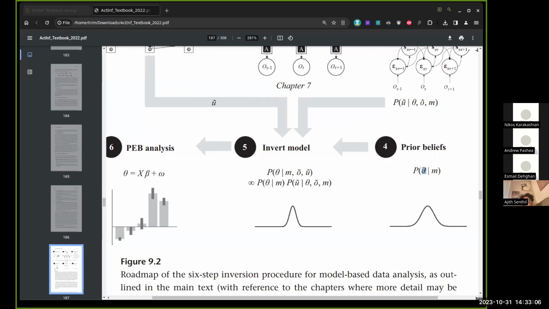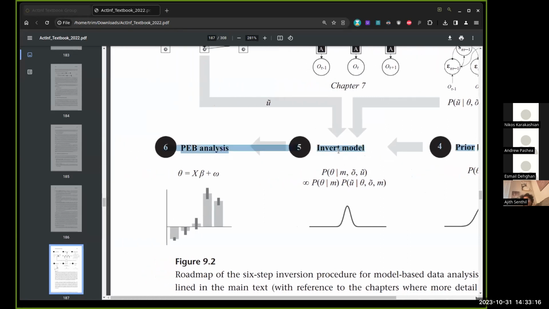And again, we would test a range of these and or use parametric empirical Bayes to generate empirically grounded beliefs. But with this inverted model, we can then do statistics on calculation of theta.